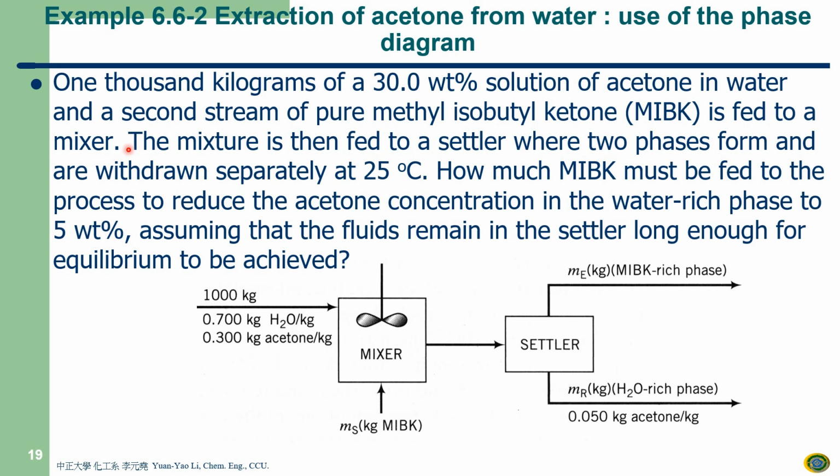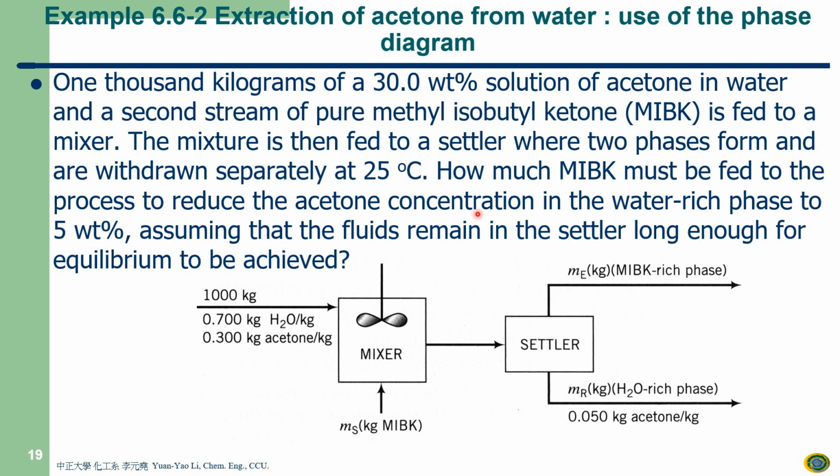Let's move on. The mixture is then fed to a settler where two phases form and are withdrawn separately at 25 Celsius. So that means this was at 25 Celsius, so you can use that triangle diagram, right?